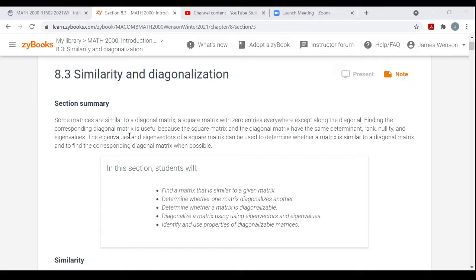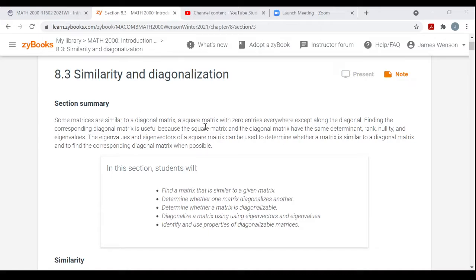The eigenvalues and eigenvectors of a square matrix can be used to determine whether a matrix is similar to a diagonal matrix, and to find the corresponding diagonal matrix when possible.